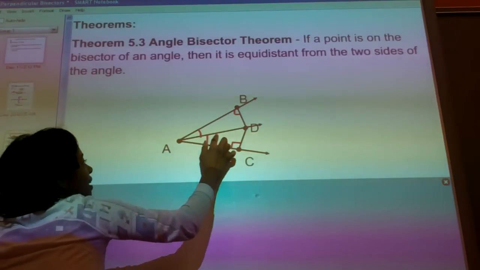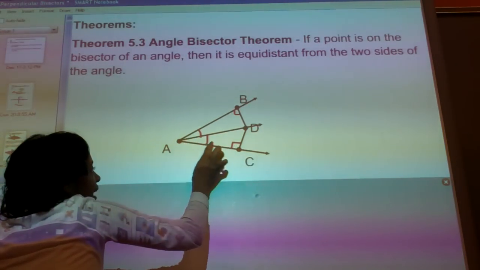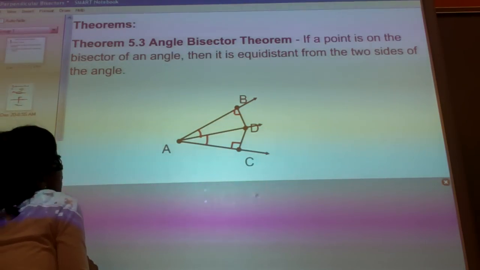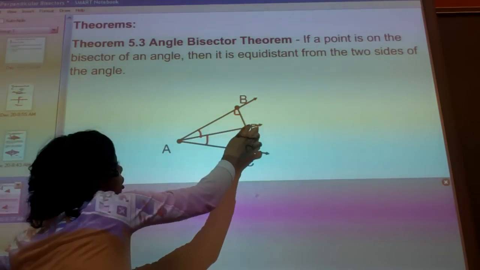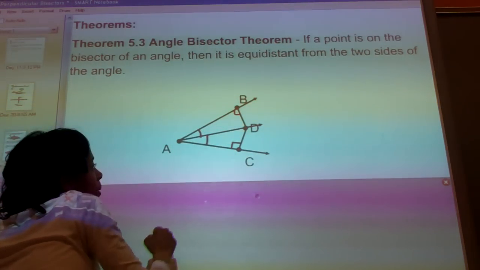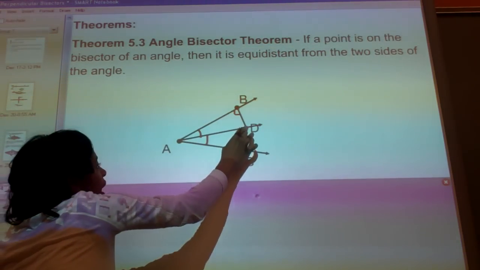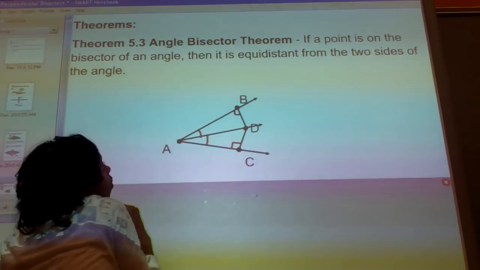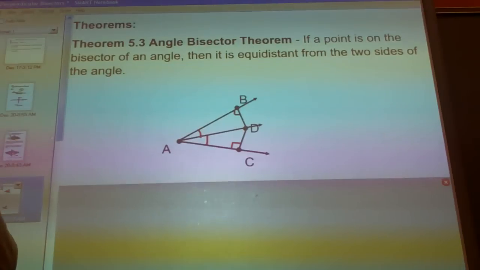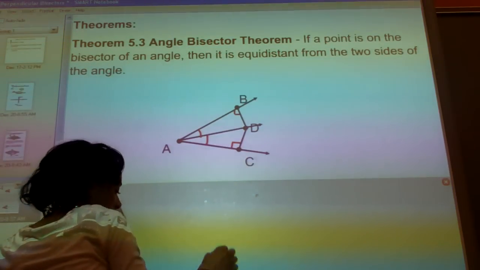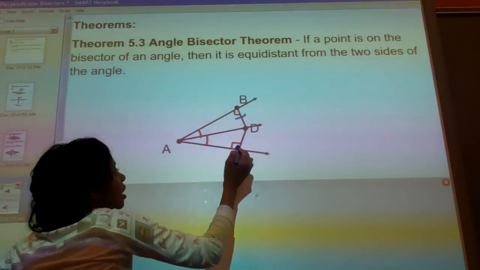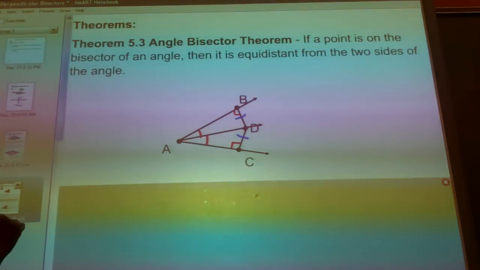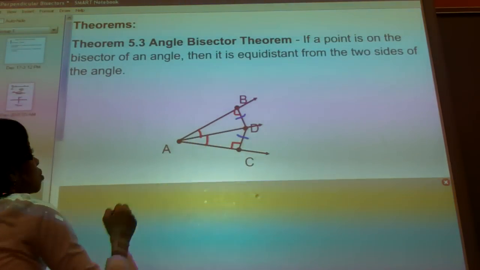If ray AD divides angle BAC exactly in half, then this forms perpendiculars from D to C and from D to B. I know it's equal distance, which means BD is congruent to CD.